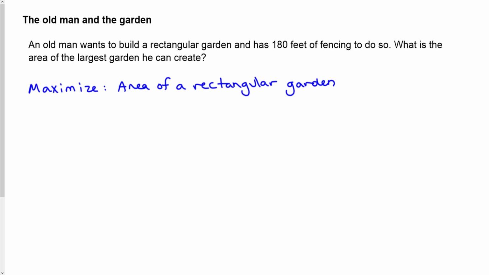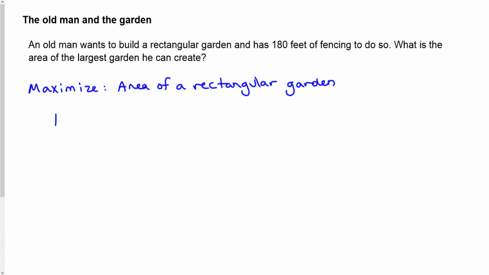There's no way to learn how to solve problems without understanding the problem to begin with. Usually just rewriting the things that you're looking for is a great way of making sure you fundamentally understand what you're doing. If I'm trying to maximize the area of a rectangular garden, it doesn't matter that it's a garden, it's the area of a rectangle that matters.